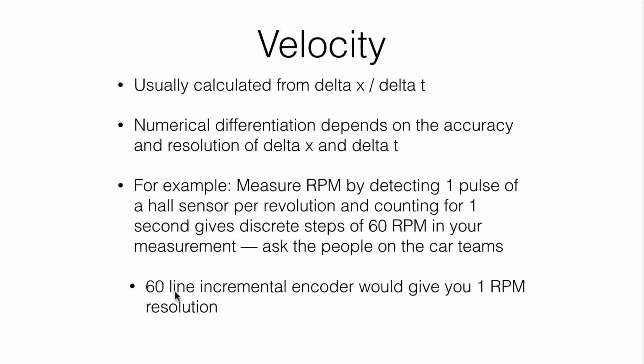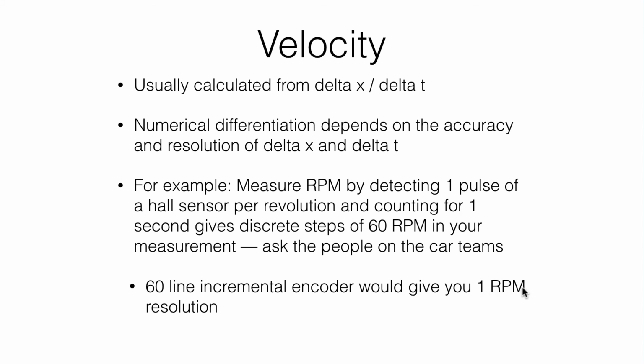If we had a 60-line incremental encoder, that would give me 60 pulses for each revolution, and that would get me a 1 RPM resolution on the average speed at which my engine was rotating over the course of a second. Doesn't give me so much in the way of instantaneous speed, though.